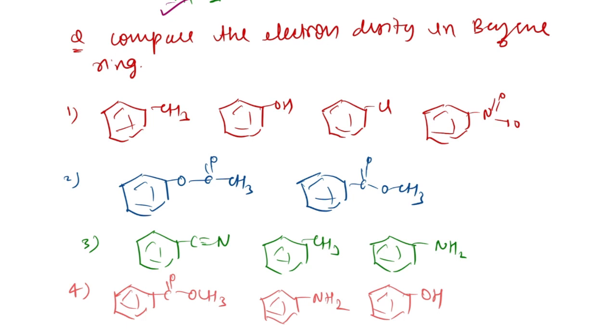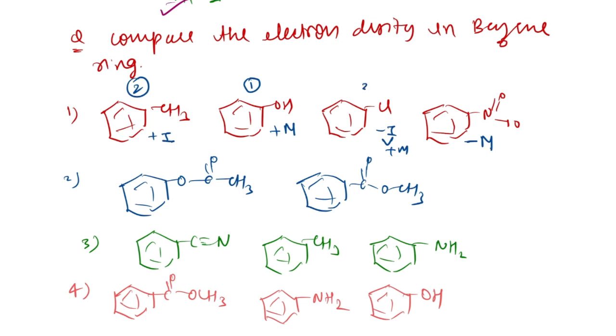So now let's talk about the effects. The CH3 has plus I effect. The phenol has plus M effect dominating. Chlorine has minus I dominating over plus M. And the nitrobenzene is minus M. So with plus M, the electron density increases, so this will be first. And then plus I comes second. Then minus I comes third.